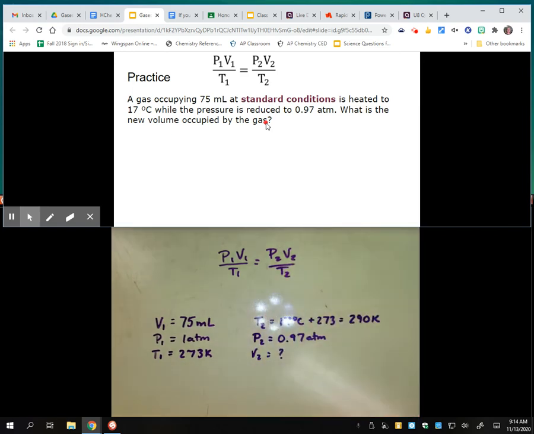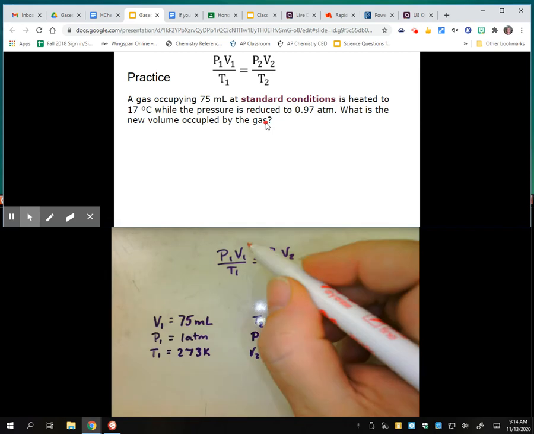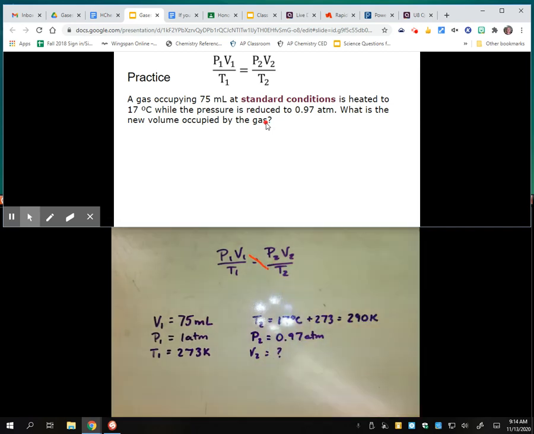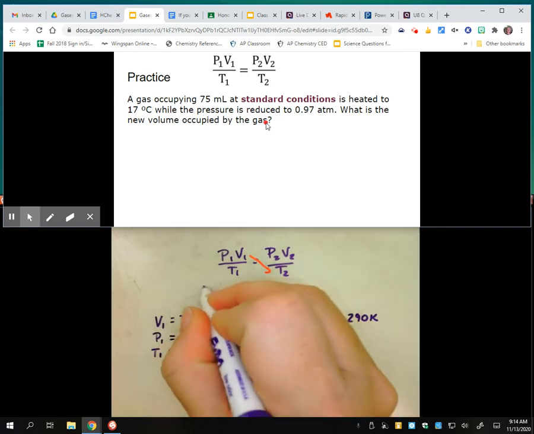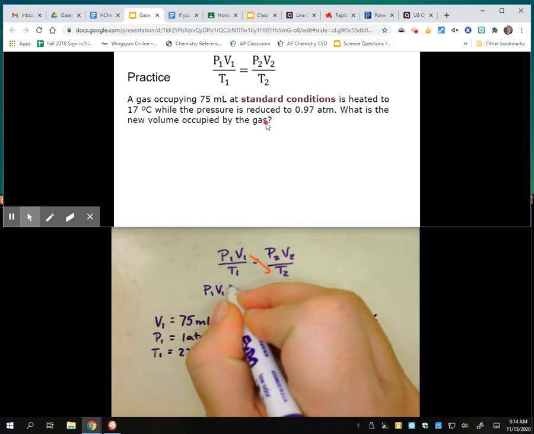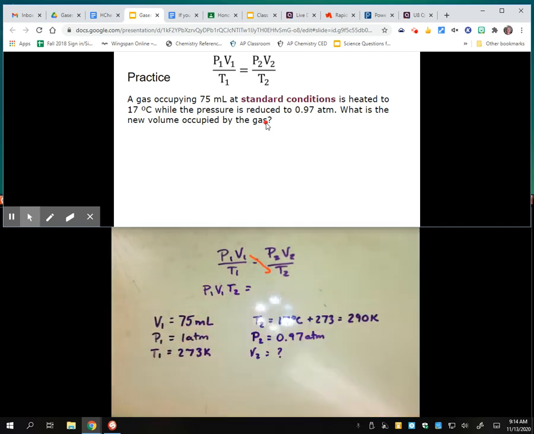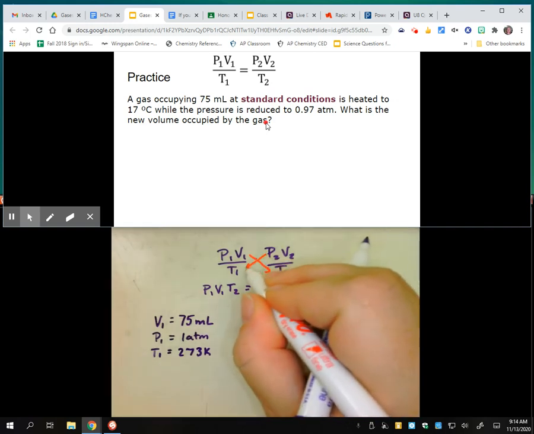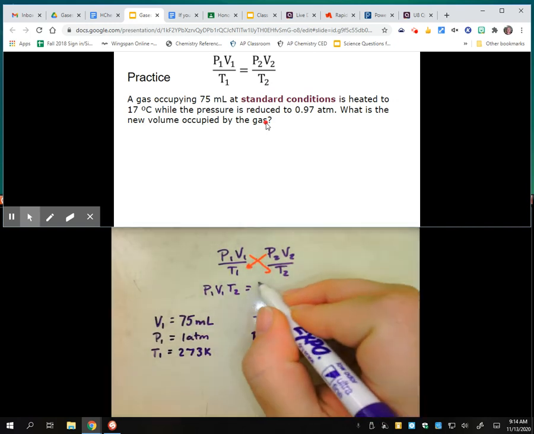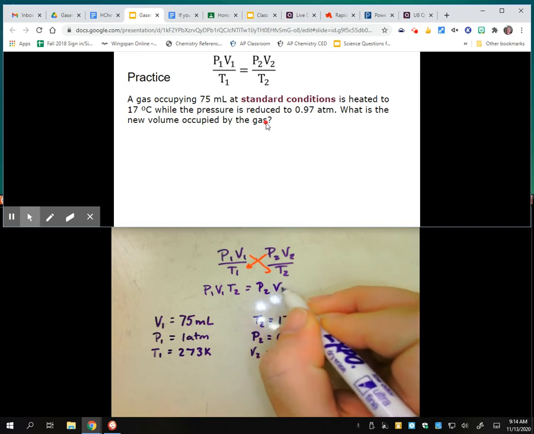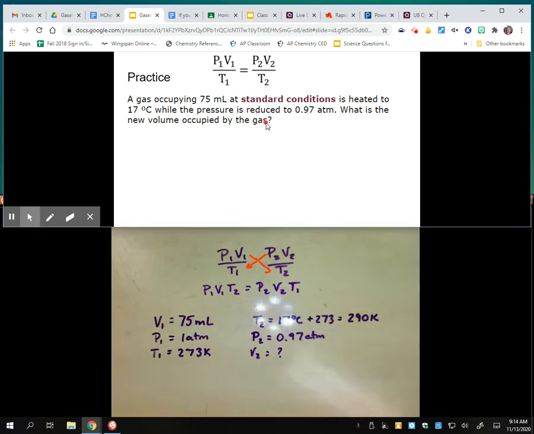And the first thing I'm going to do is cross multiply to level this playing field. So P1 times V1 times T2 is equal to this times this. So that's going to be P2 V2 T1.